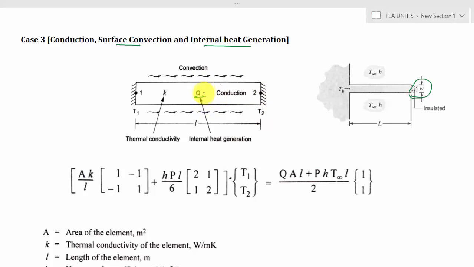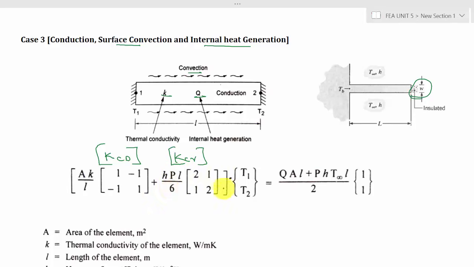In case of conduction, surface convection and internal heat generation, the FEA equation is AK by L for K conduction, and for K convection it is hPL divided by 6, where h is the heat transfer coefficient and P is the perimeter.